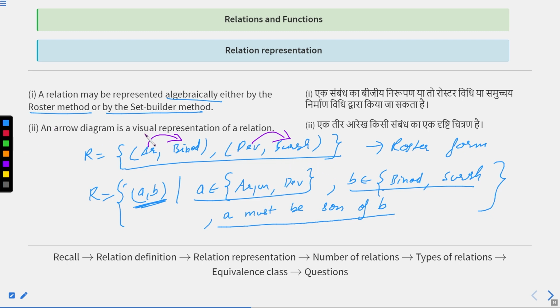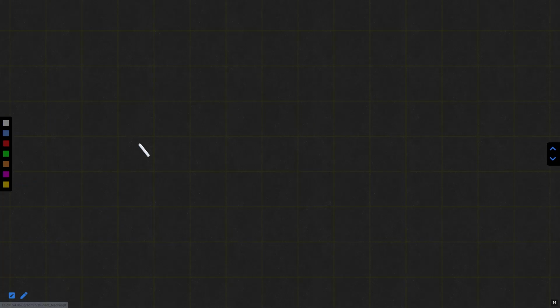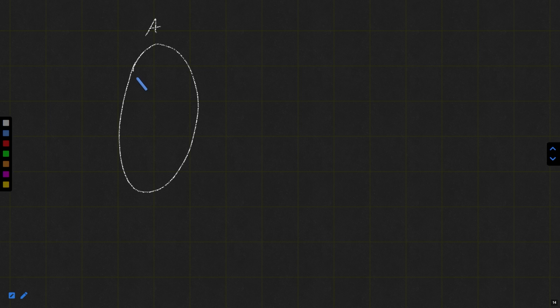We can also represent a relation by an arrow diagram. For example, in set A the elements are Dev and Arjun, and in set B the elements are Suresh and Vinod.